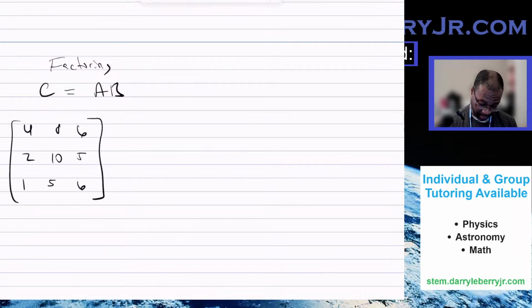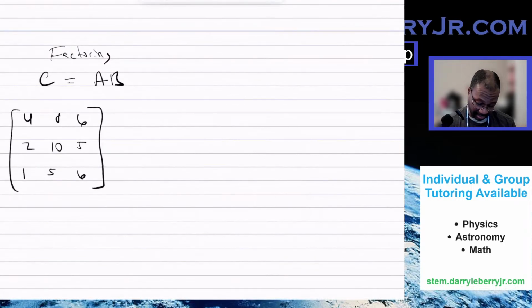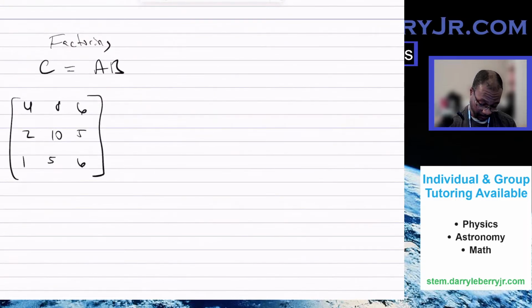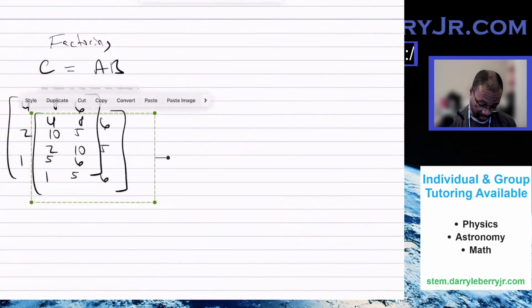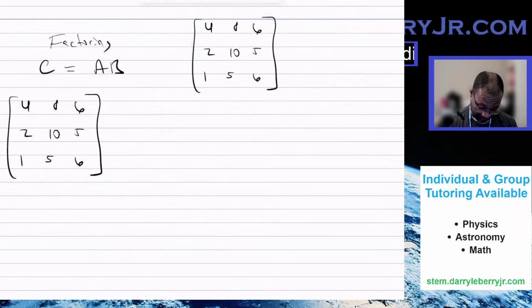So the first thing I'm going to do is some row operations to get as many pivots as I can. And the pivots will let me know which columns of the original one to use. So I'll see my original one over here.